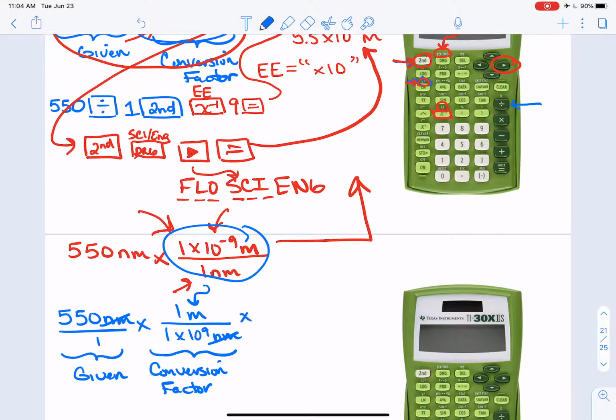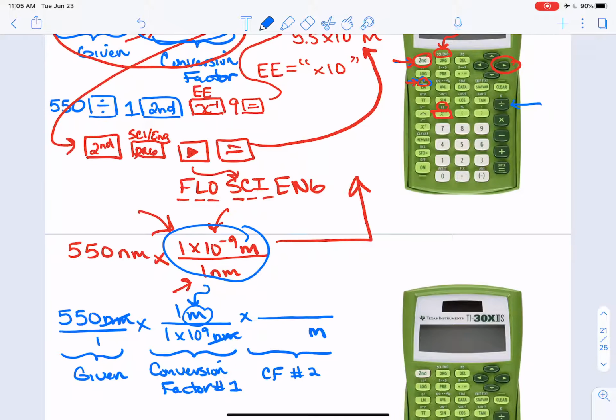And if we are in meters, we can convert to picometers. So now I have conversion factor number 2. And I want to get out of meters and go to picometers. So do I put meters in the top or the bottom of my new conversion factor? I put it in the bottom. So now I have meters divided by meters, which is what?